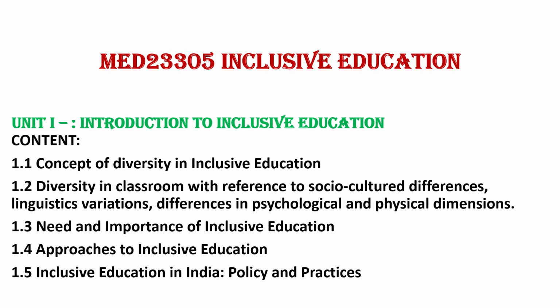The entire introduction will be done in 1.1. Then 1.2 is diversity in the classroom with reference to socio-cultural differences, linguistic variations, and differences in psychological and physical dimensions. 1.3 is need and importance of inclusive education. 1.4 is approaches to inclusive education, and 1.5 is inclusive education in India, policy and practices.